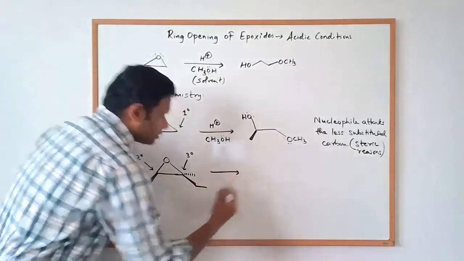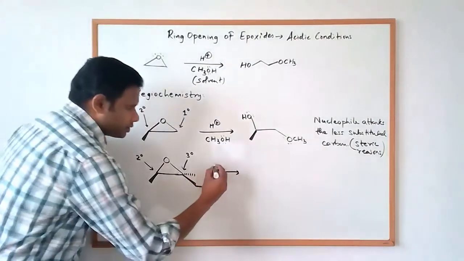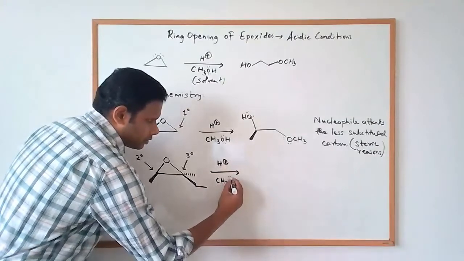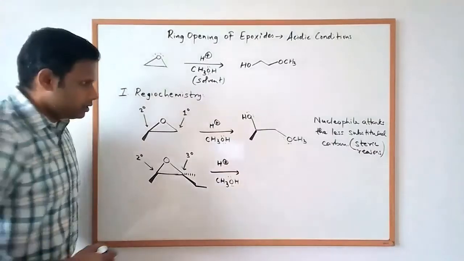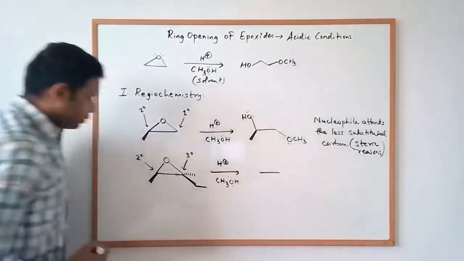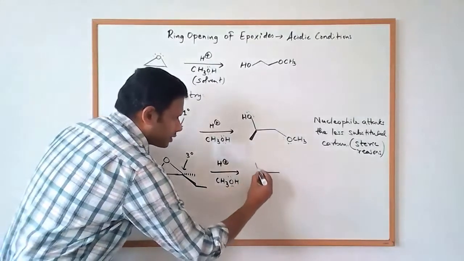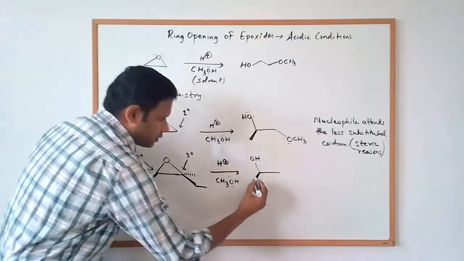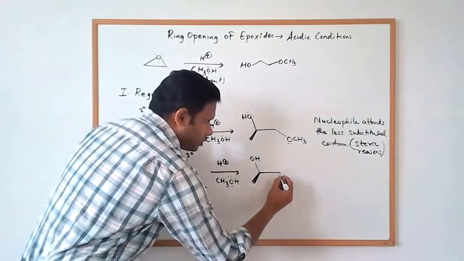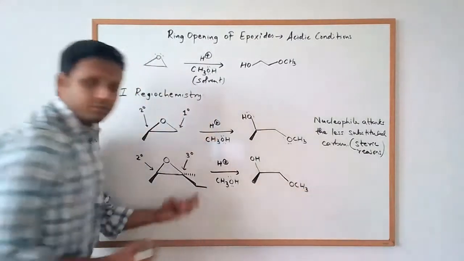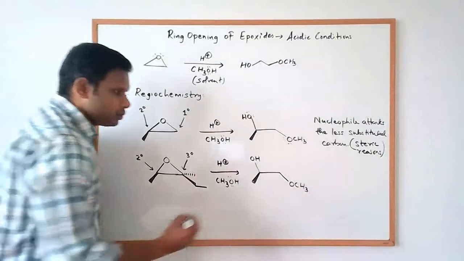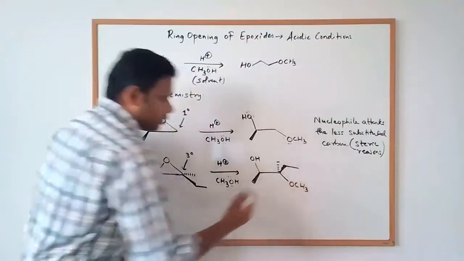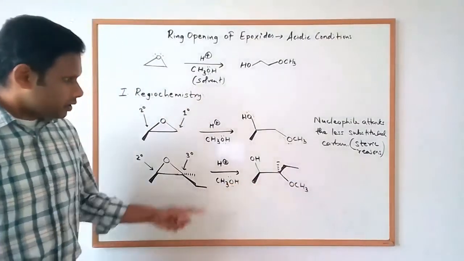In this particular case, it is observed that under similar conditions, the product that's obtained is one where the nucleophile attacks the epoxide at the more substituted carbon. So the product that we obtain is this compound.